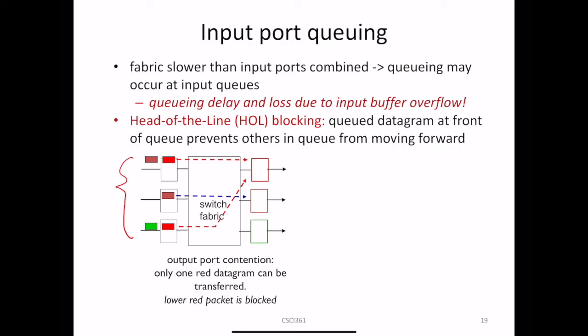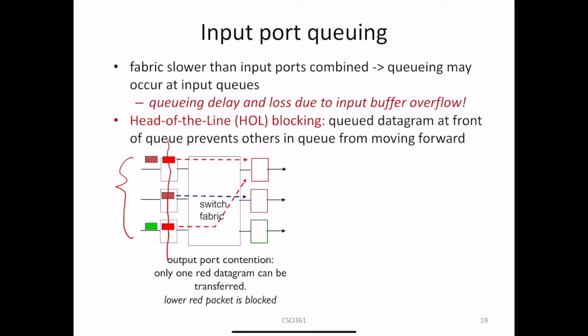If the combined input port speed is faster than the fabric speed, queuing will be experienced on the input queue, which is along this line. Also, queuing delay and packet loss will happen when the input buffer overflows.